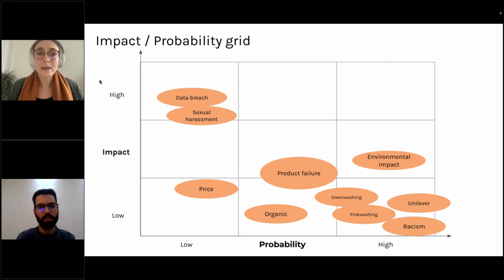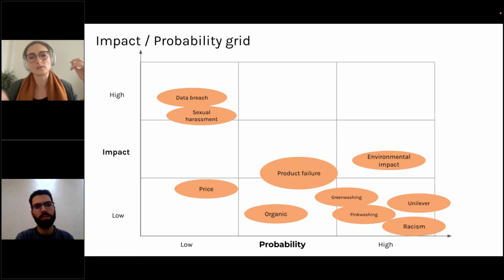So we have mapped here the potential threats that we imagine for a brand such as Dove, ranking them, mapping them in accordance to the impact, so risk to have a high impact, but also on the horizontal axis, the probability of that threat to happen, to affect the brand.